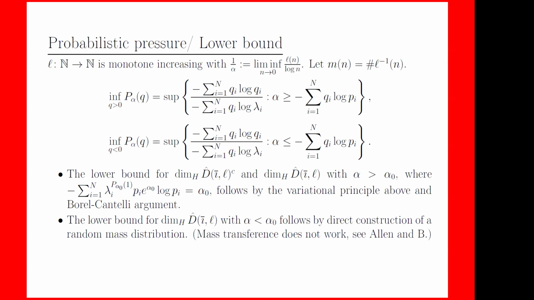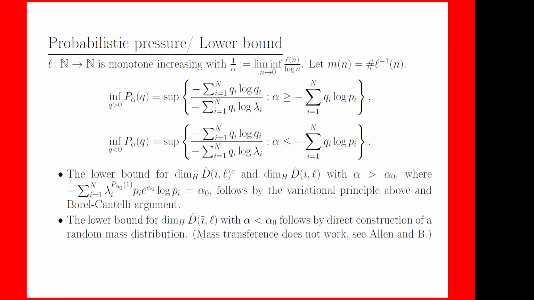And basically for the lower bound for the covering set, if alpha is smaller than this alpha naught, so when you follow the P alpha 1 value, we are actually forced to construct some kind of random mass distribution, which pushes the dimension up. Many results from these dynamical covering theorems use the mass transference principle.